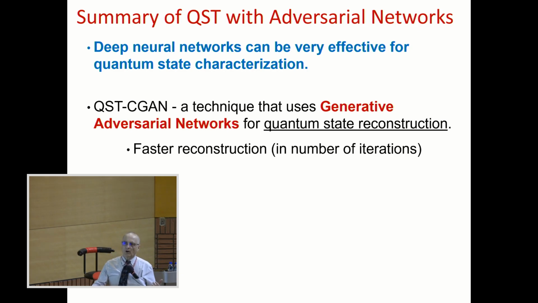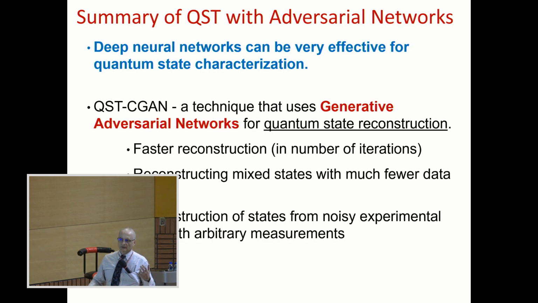This is quantum state tomography using generative adversarial networks. They need to use these generative networks for quantum state reconstruction. It's a faster reconstruction, measured in the number of iterations. You can reconstruct mixed states with much fewer data points and reconstruct states from noisy experimental data with arbitrary measurement, because the problem with this pattern recognition is that as soon as you have your state like squeezed here or squeezed there, then the program gets confused.